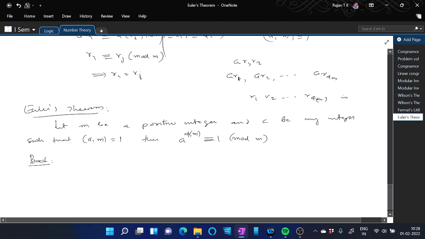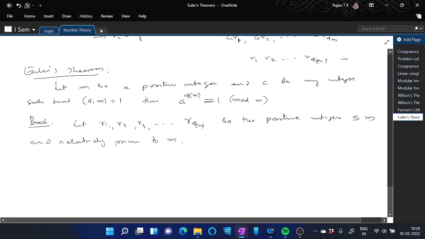Given phi m is the Euler function value for this m, that means there are phi m positive integers less than or equal to m and relatively prime to m. So let r1, r2, r3 etc. r phi m be the positive integers less than or equal to m and relatively prime to m.